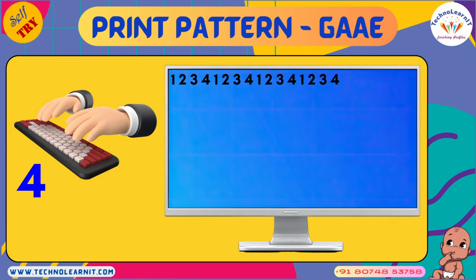Now, if you look at this pattern, input is just 4, and you need to print 1, 2, 3, 4, and you know how to print 1, 2, 3, 4. But that's not enough, right? You need to repeat printing 1, 2, 3, 4 for 4 times, which is again the input number of times, right? This is a general observation.